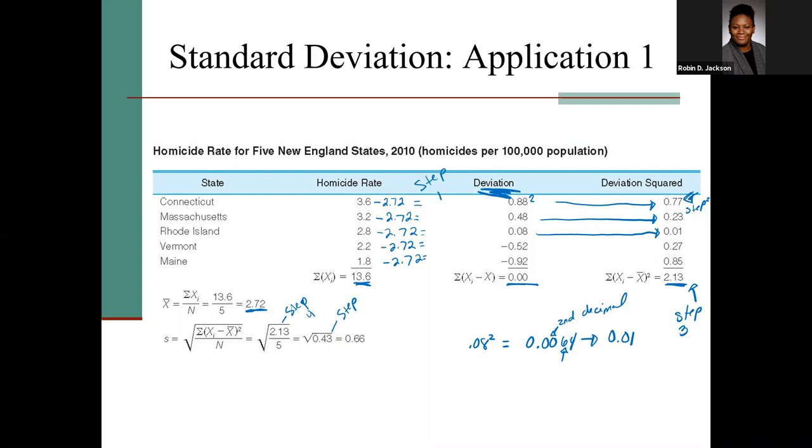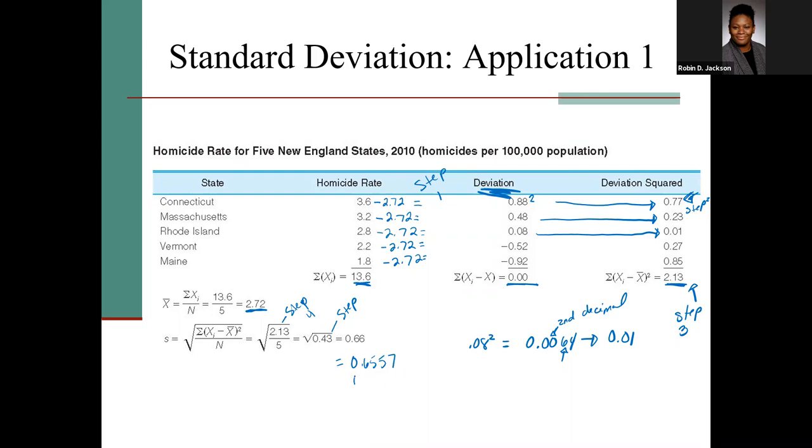Let's see here. 0.43. Take the square root of 0.43. And once you do that, this is what you end up with: 0.6557 if you go all the way out to the 4th digit.